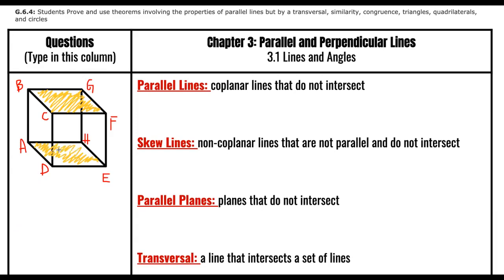Okay, so let's talk about parallel lines. In order for lines to be parallel, they have to be in the same plane. So let's take a look at this bottom plane that was just shaded. What lines are parallel just in that plane? Well, we can use AD.